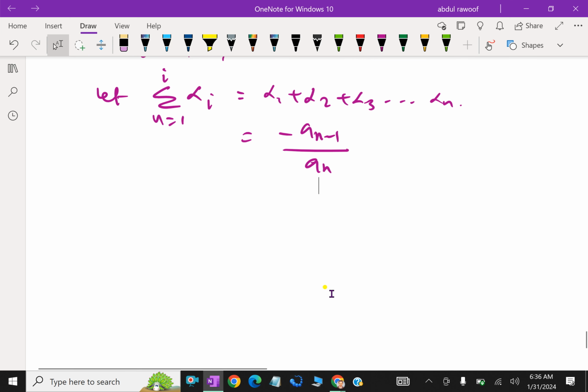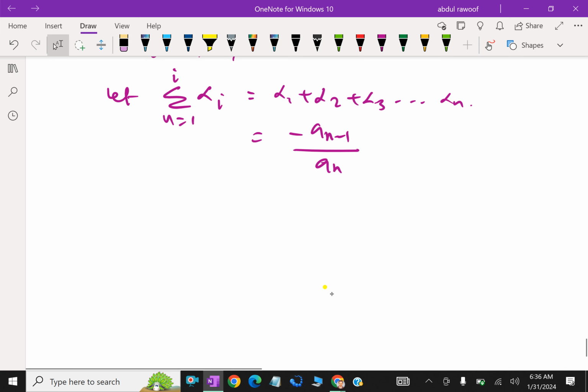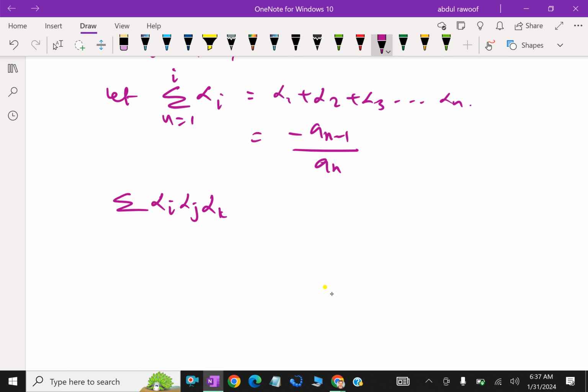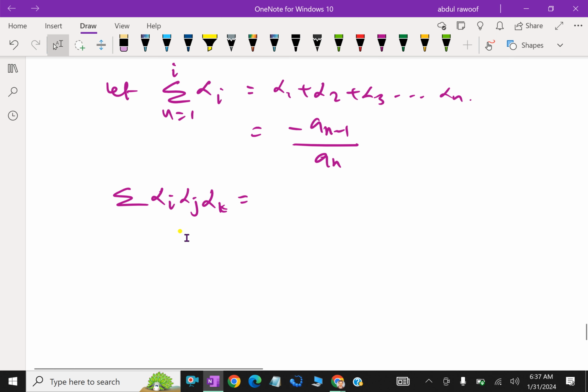Then next, sigma alpha i, alpha j, alpha k, which is equal to the sum of the product of the consequent terms, which is equal to minus a_(n-3) over a_n.